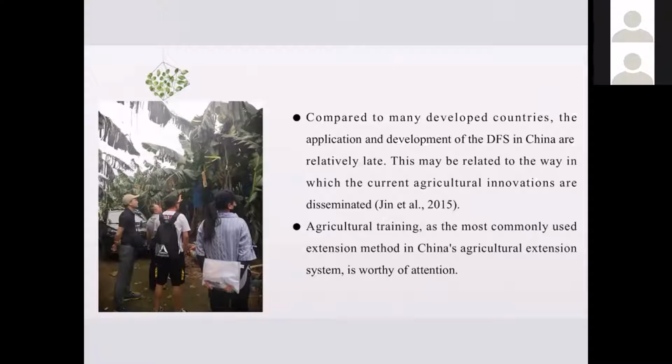This may be related to the way in which current agricultural innovations are disseminated. Agriculture training is the most commonly used extension mode in China's agriculture extension system and is worth attention.